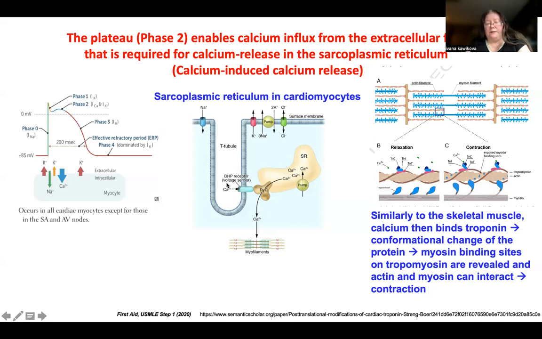And the calcium is important for this particular receptor for getting into the sarcoplasmic reticulum and releasing the endogenous calcium.